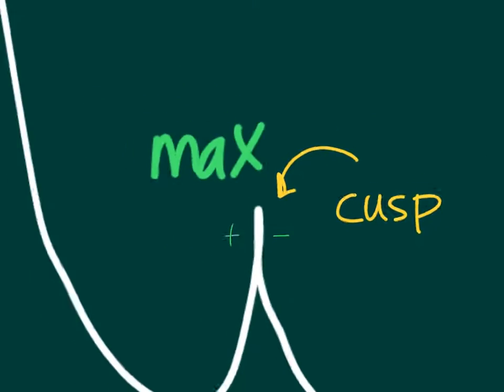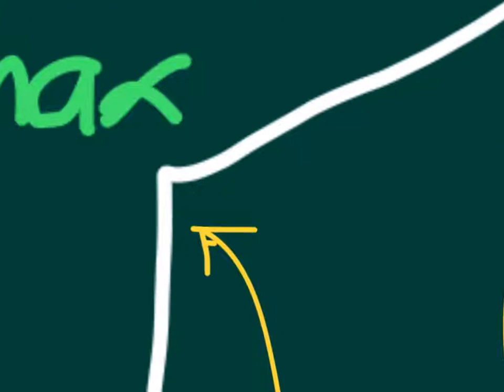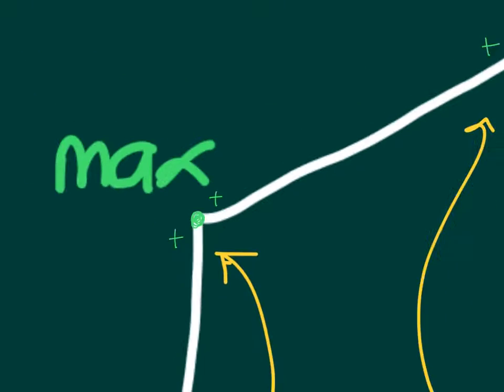Now there's one I want you to look at. What about that corner right there? What kind of slope does it have on the left side? What about after the corner, which is right here, what kind of slope does it have? So there's no change. It's positive in nature, and it's staying positive in nature. That has a special name.